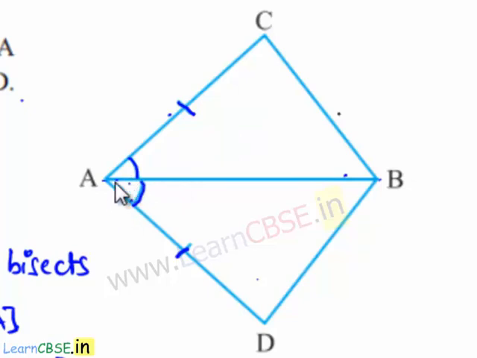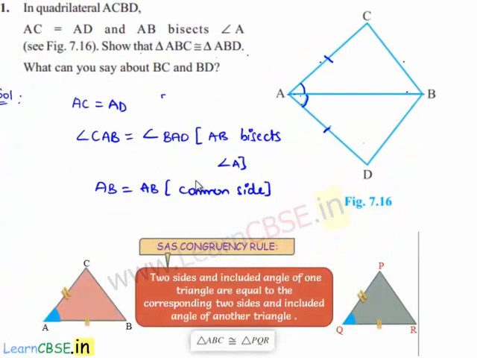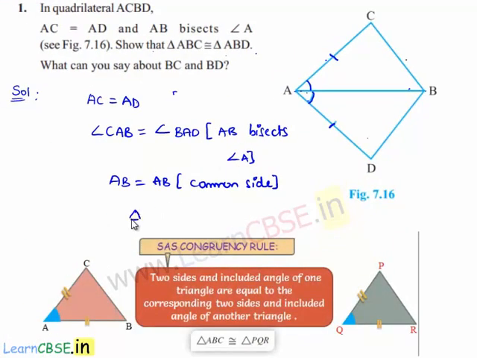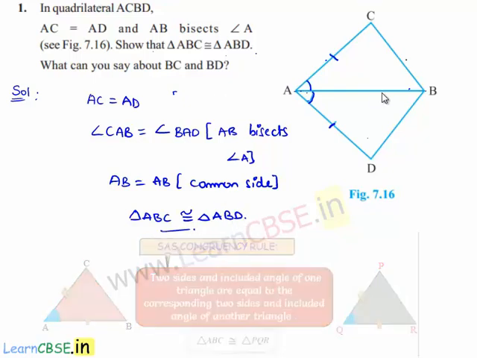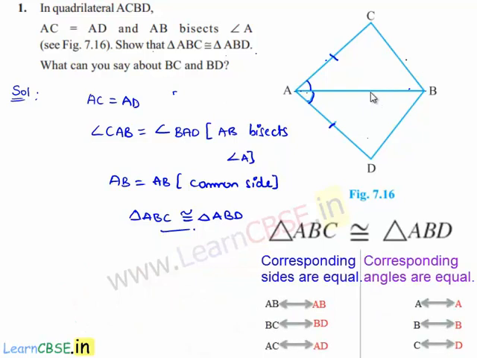Therefore, according to SAS property of congruency, triangle ABC is congruent to triangle ABD. Therefore, if two triangles are congruent, then their corresponding sides and angles will be equal. Therefore, we can say that BC and BD will be equal to each other. That is, BC is equal to BD.